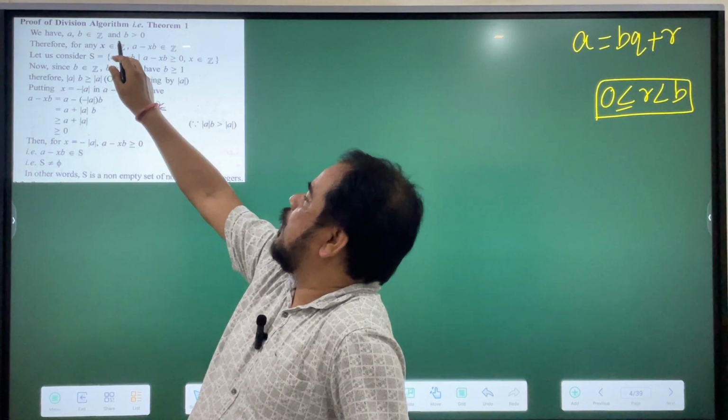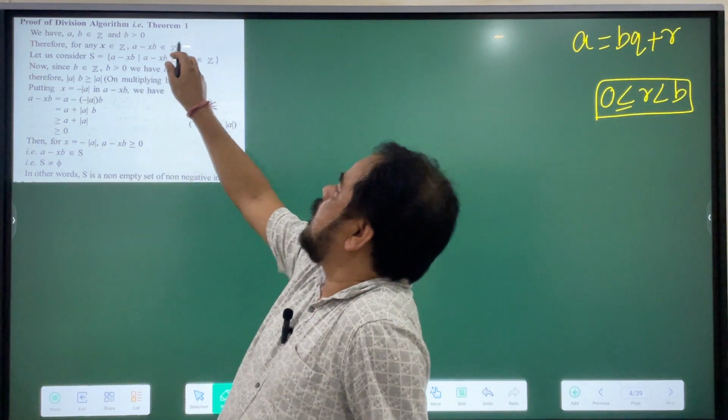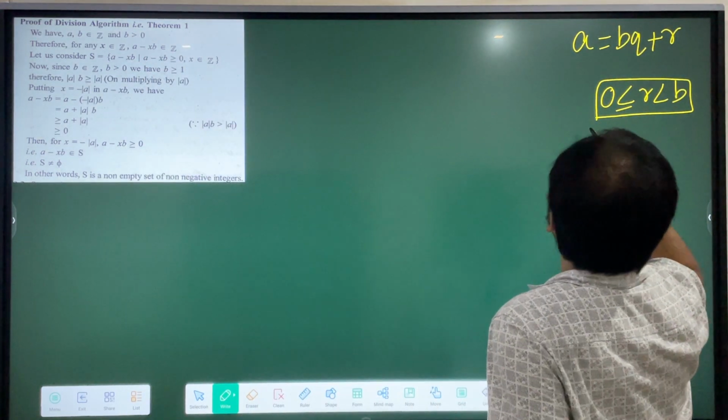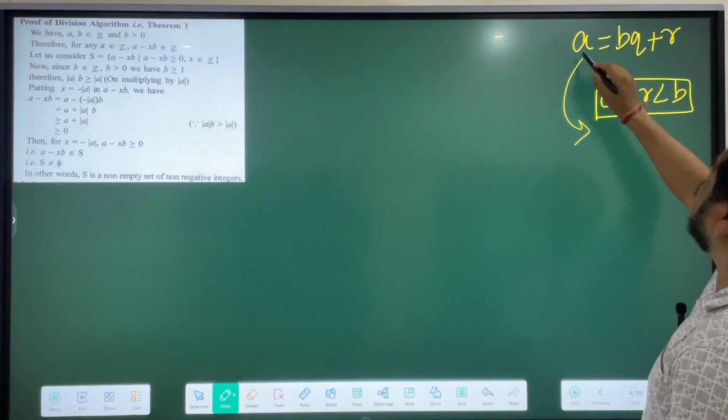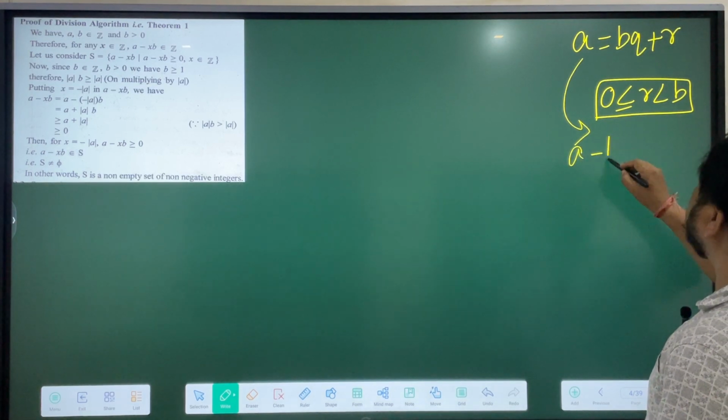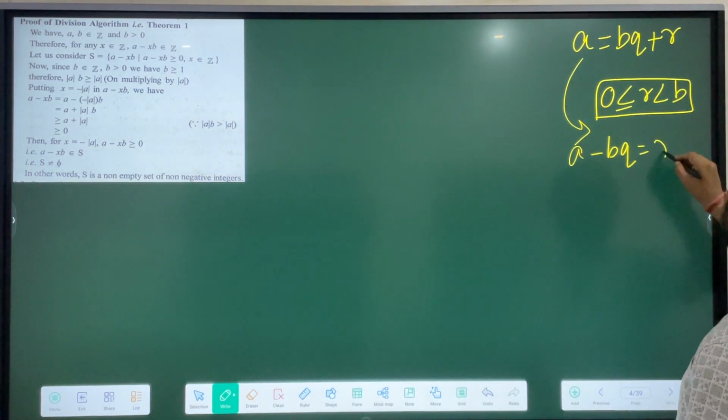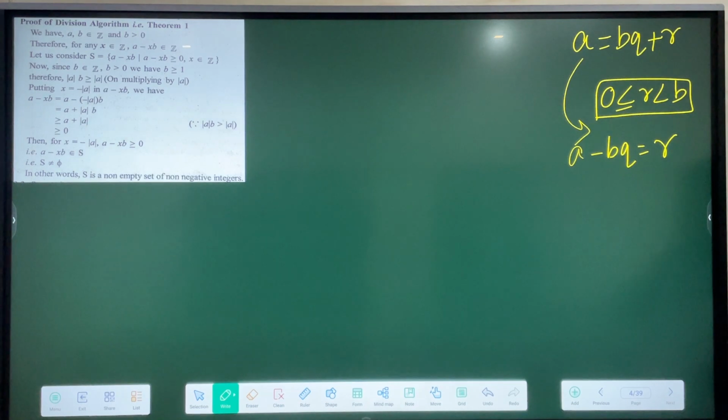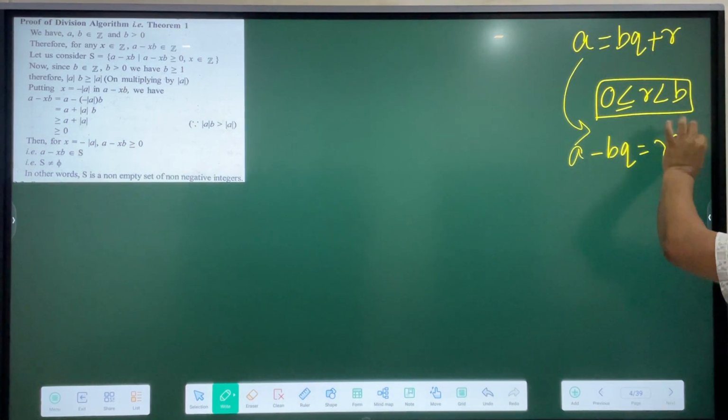Therefore, for any x belonging to Z, A minus xB belongs to Z. Look here. A minus BQ is equal to R. If BQ goes this side, A minus BQ equals R, remainder.